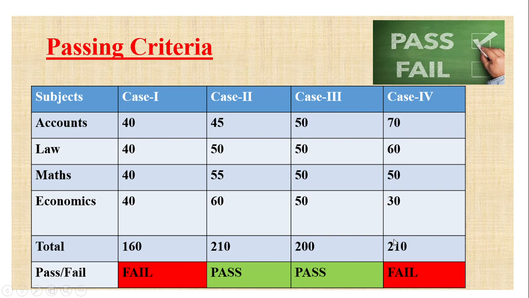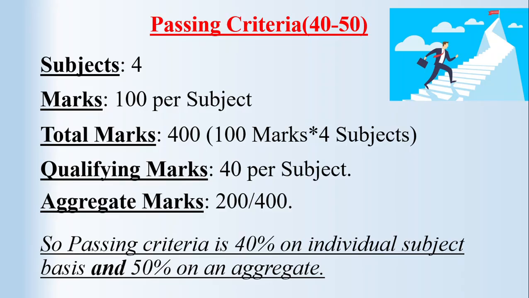So now even if the student scored 210 marks, his result will be declared as failed because the student has failed in the economics paper. So now the overall conclusion is that the passing criteria is 40% on individual subject basis and 50% on an aggregate.